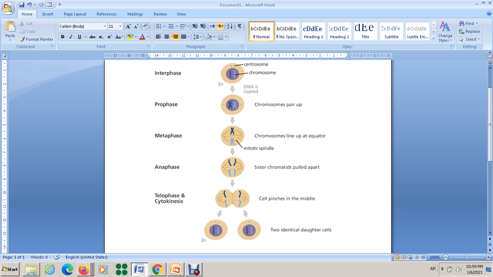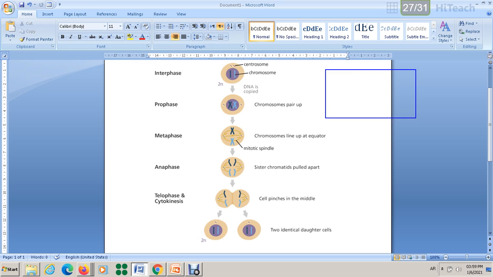Okay, so I also want to ask a question. What is mitosis? Mitosis is the division of a nucleus into two nuclei that contain identical genetic material.